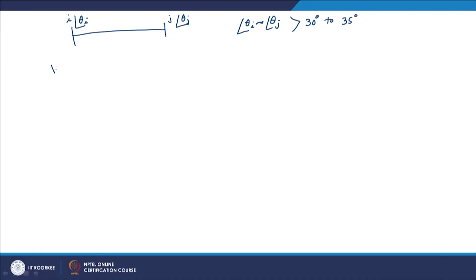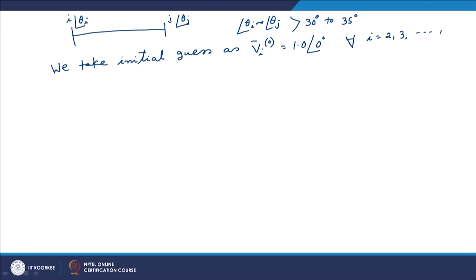So we take the initial guess as Vi(0) equal to 1.0 angle 0 degree for all i equal to 2, 3 to n. Please note that the suffix 0 within the parentheses denotes that this is the initial voltage.